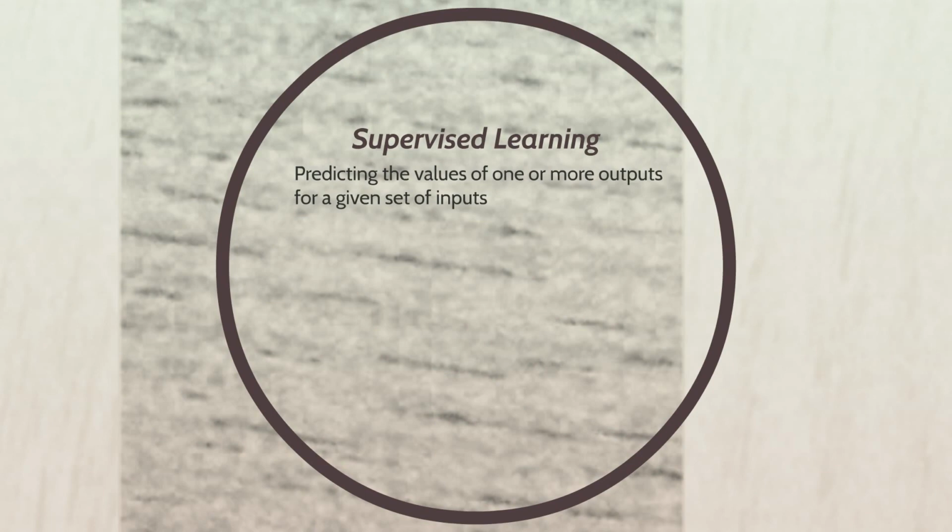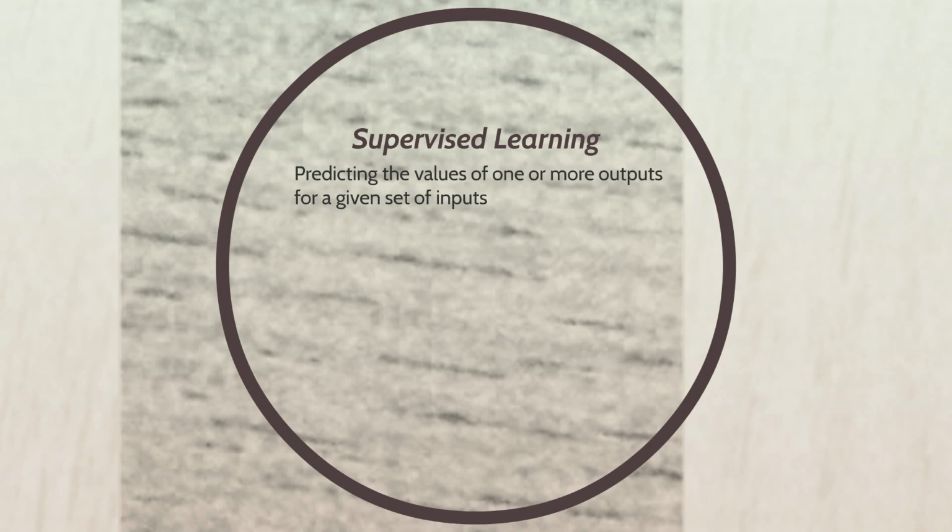So what is unsupervised learning? To understand that, we need to compare and contrast it to supervised learning, which we explored in the previous videos. And supervised learning was concerned with predicting the values of one or more outputs or response variables for a given set of input or predictor variables.